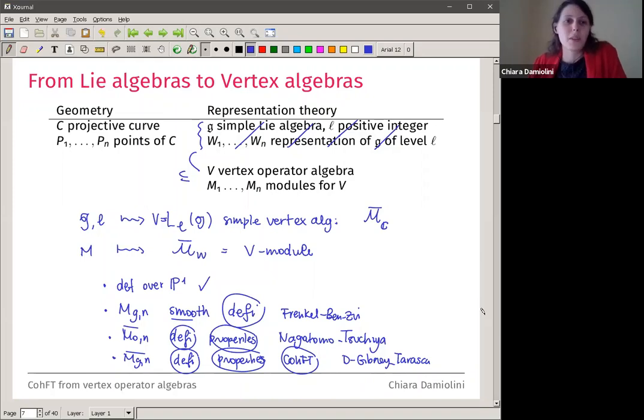So I apologize if I forgot any name. So what I want to start is, let me maybe briefly say what I mean by vertex algebras and by modules. Or are there questions?